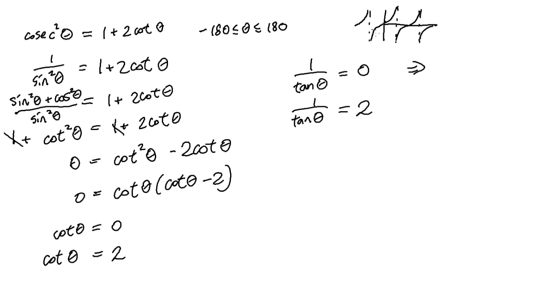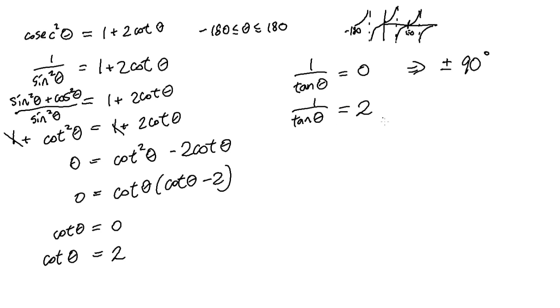So this is 180, this is minus 180, and so this is 90 and minus 90. So plus and minus 90 degrees are the values that you can get this asymptotic value.